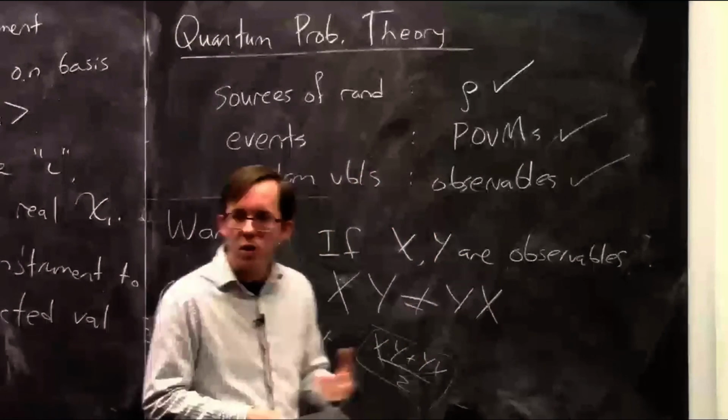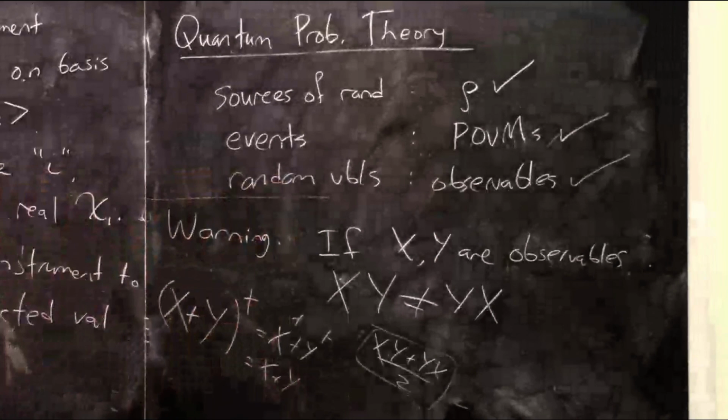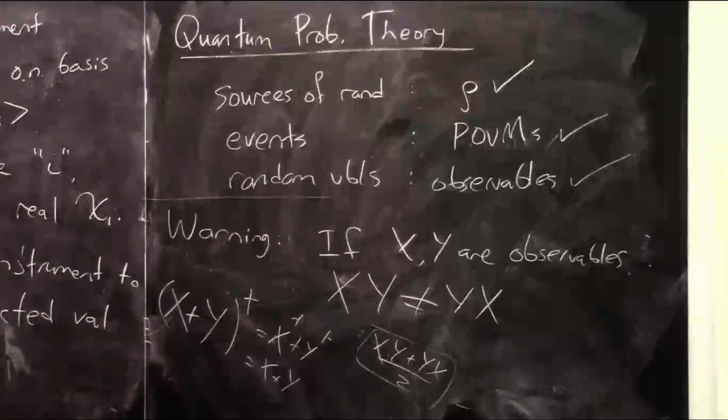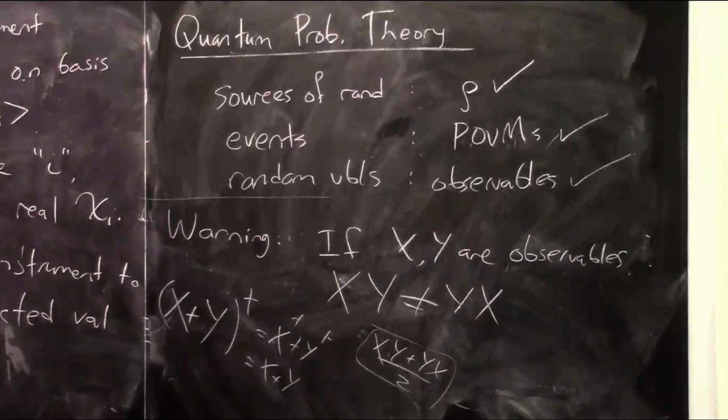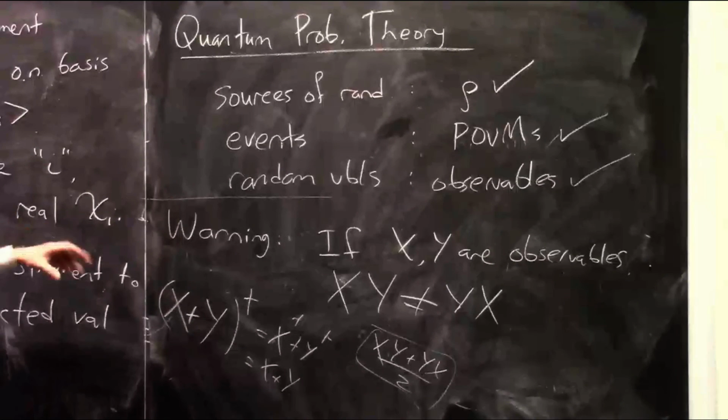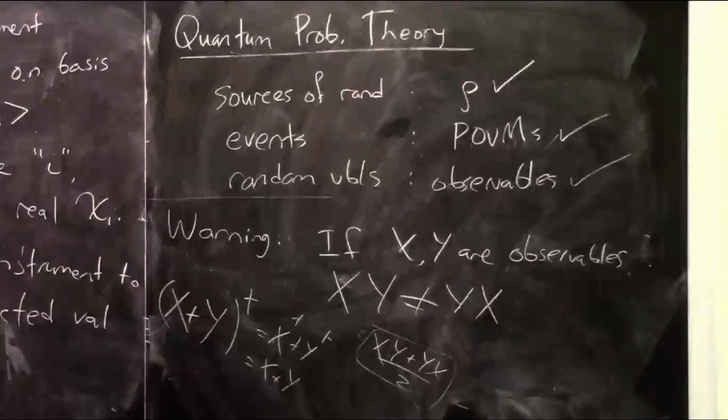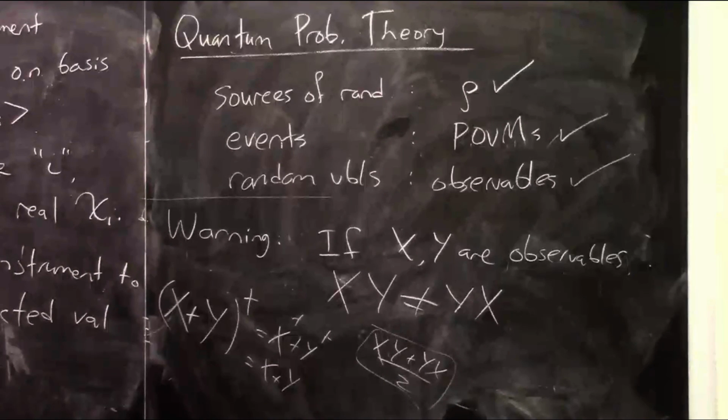Can I learn what state was produced? If I run my apparatus a bunch of times, can I tell what quantum state it's outputting? Can I communicate that information over a quantum channel? So all these questions that grow out of quantum probability theory are, I think, quite closely related to the things that are actually going on in experiments.